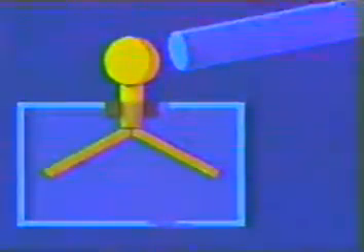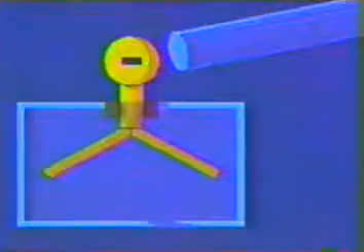Each electroscope will acquire a charge opposite to that of the rod. Charging by induction often occurs in nature.